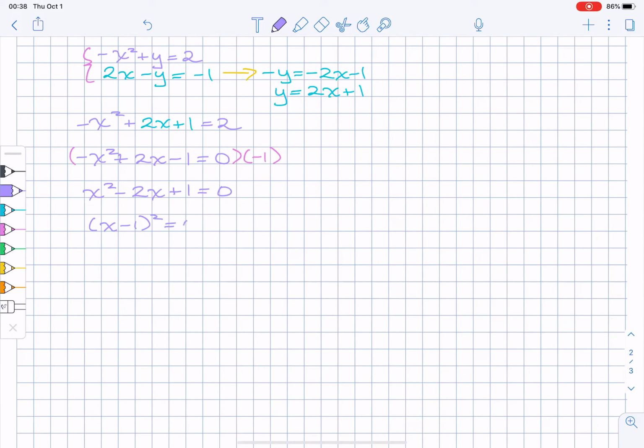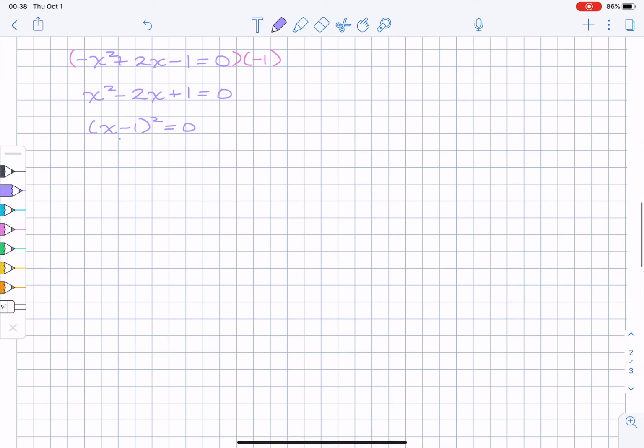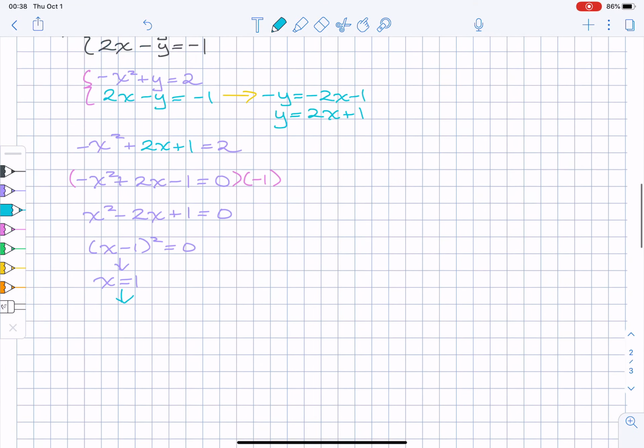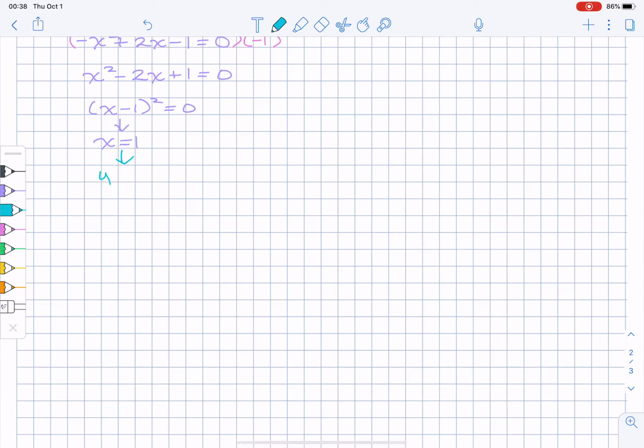Namely, it's x minus 1 quantity squared. So we get that x is 1. But what was y? Y was 2x plus 1. So y will be 2 plus 1, which is 3. So the solution is 1 comma 3.